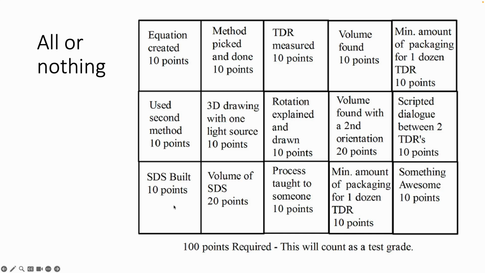So they can earn a lot more than 100 points in this rubric. So they only have to get to 100. But the other aspect of this is that this would be done over an entire unit, and they'd be working on individual pieces at a time. And the goal here is I want them to be able to do this particular thing without defect.